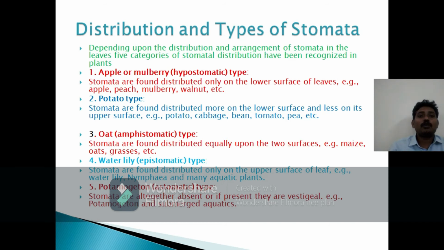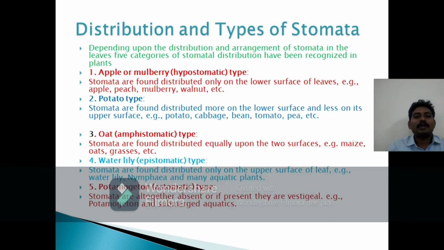Next is the distribution and types of stomata. Depending upon the distribution and arrangement of the stomata in the leaves, we can categorize them into 5 types. The first is the apple or mulberry type, which we call hypostomatic.